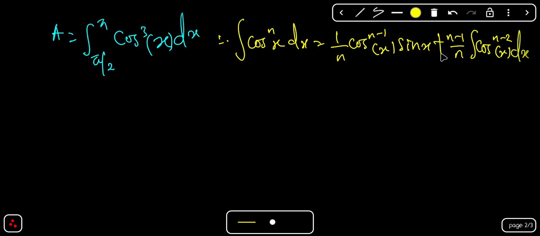Are we together now? So we apply the reduction formula, so we can solve this integral successfully without any stress. We can see the value of n here is 3.